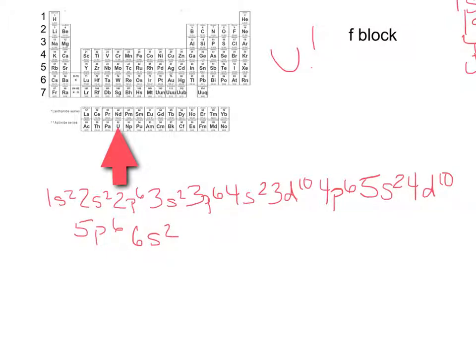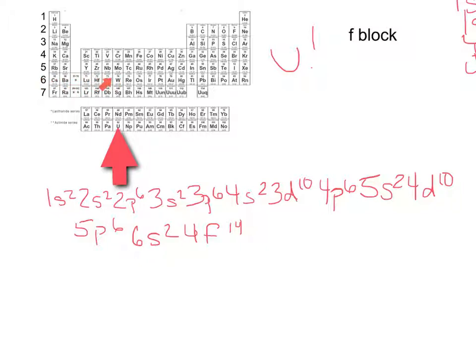So now I'm right here, and I need to go to my time warp down to F block and read all the way across there. So that would be 4f14. Now I am back up to D block.